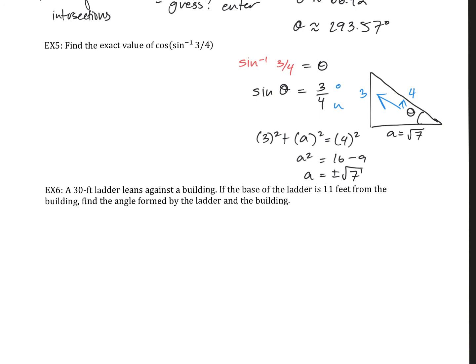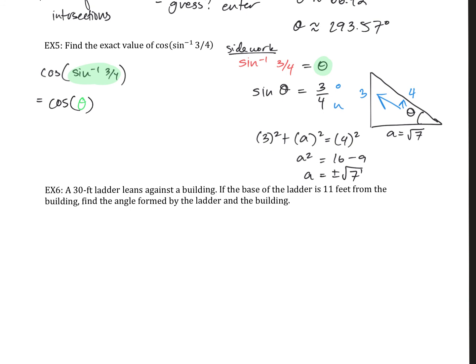This was all our side work. Let's get back to the original problem. Cosine of sine inverse 3/4. I said sine inverse of 3/4 equals theta, right? So we'll rewrite this as cosine of theta.